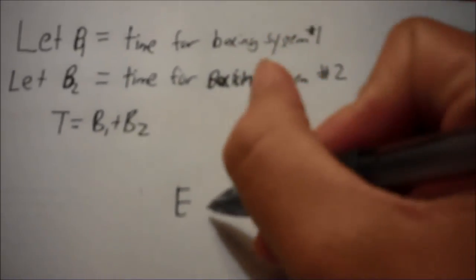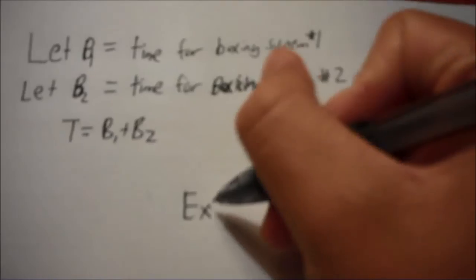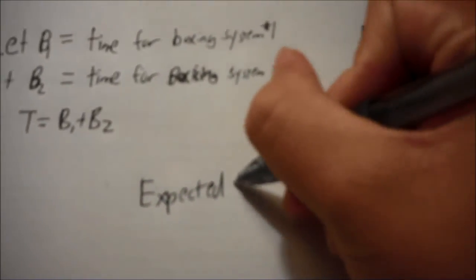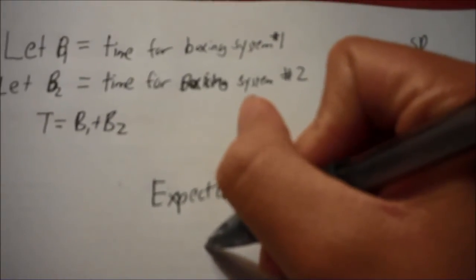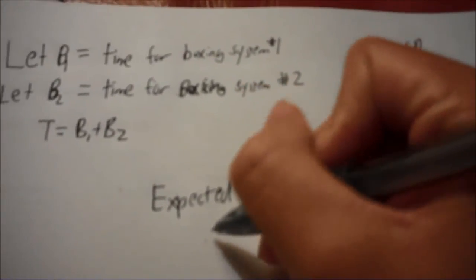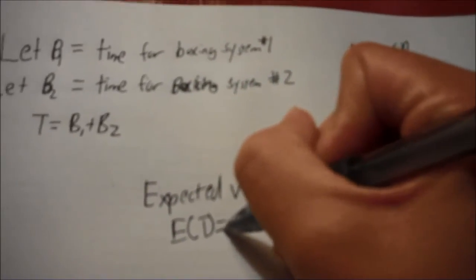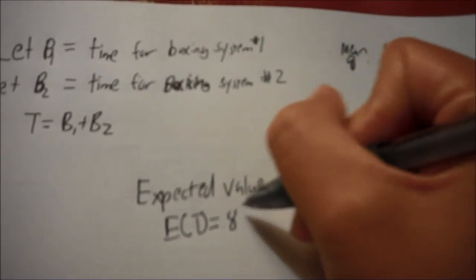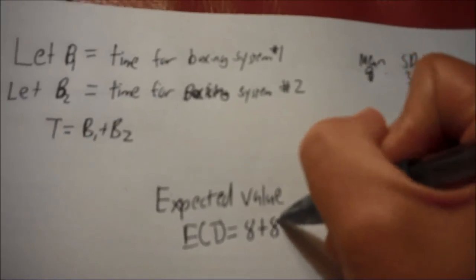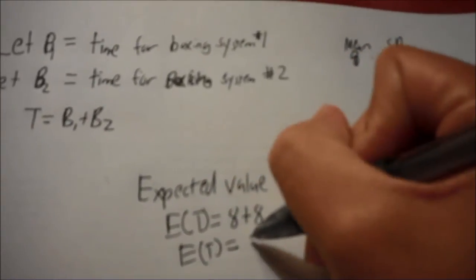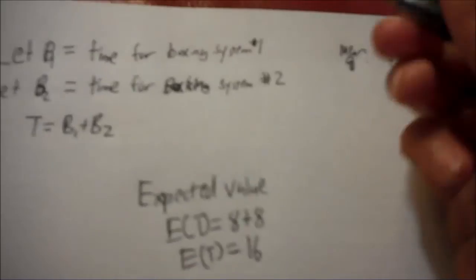So we just add the two together. And the expected value, or the expected time in this case, contextually, is 16.